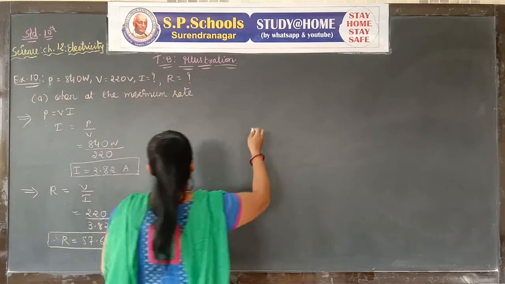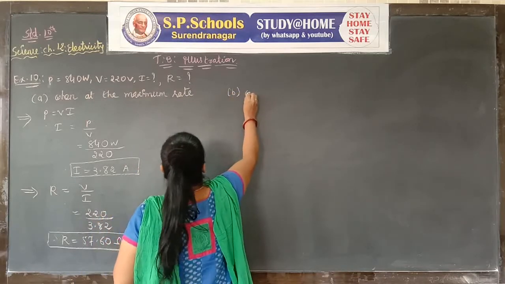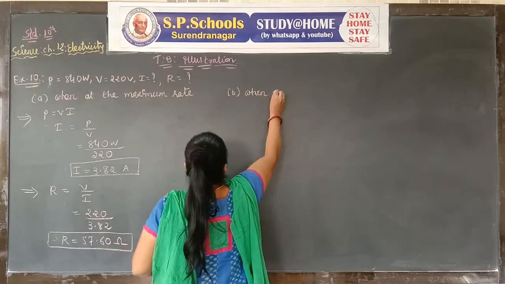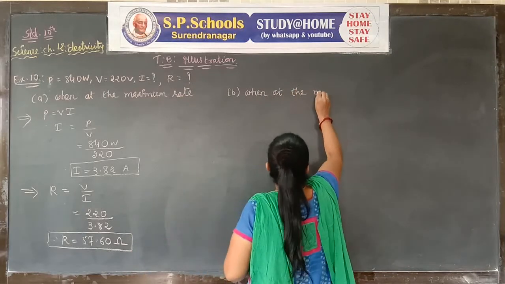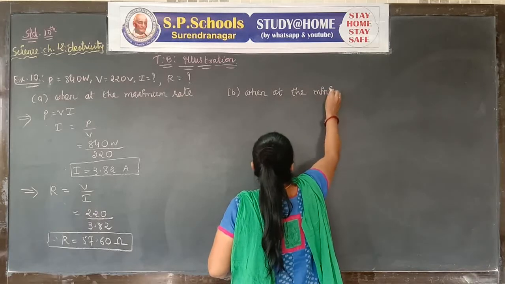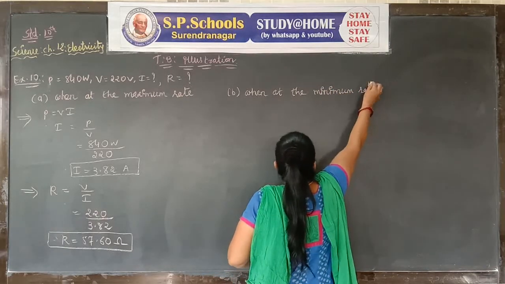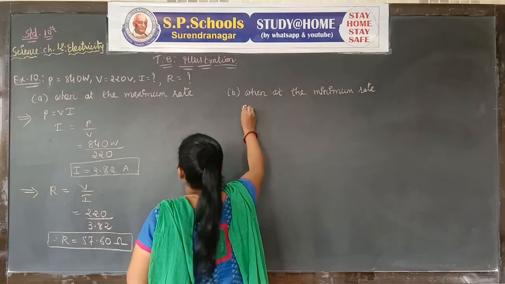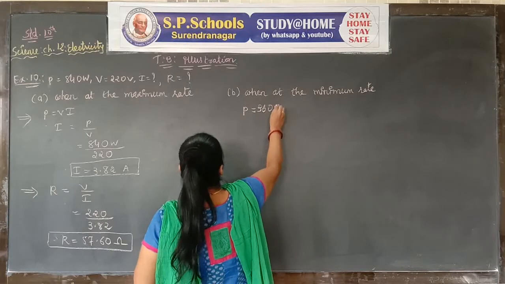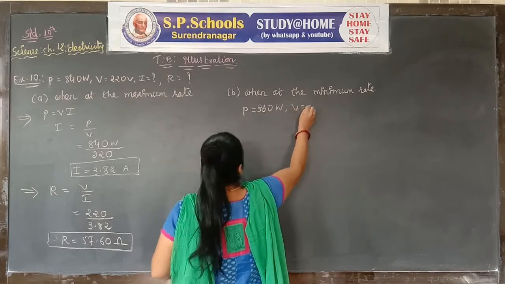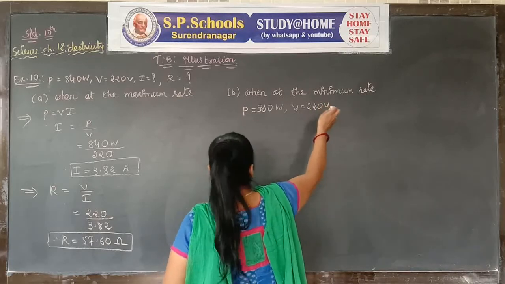Let's find with another case. In the case of B, when at the minimum rate, here we have power 360, and the voltage is the same in both cases.